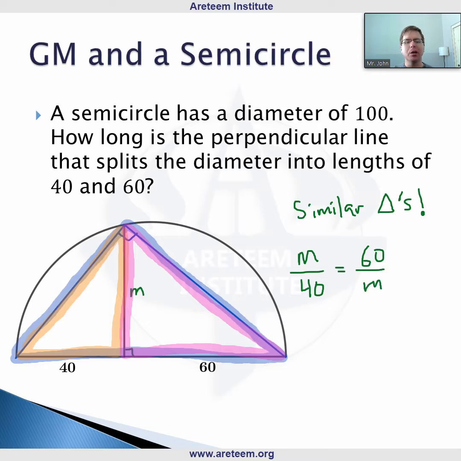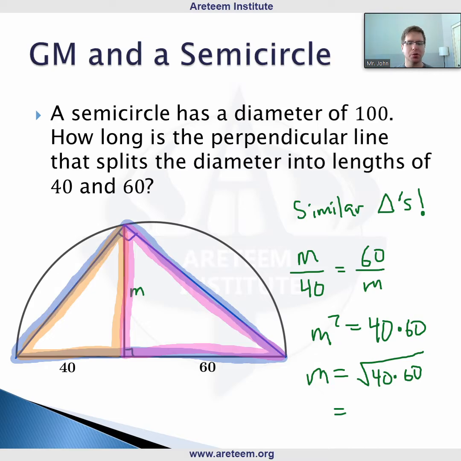And so pretty quickly here, we have m squared is equal to 40 times 60. And just leaving it unsimplified a second, we see that we have our geometric mean. We have two numbers here, so it's just the square root of the product of those numbers. So m is the square root of 40 times 60.